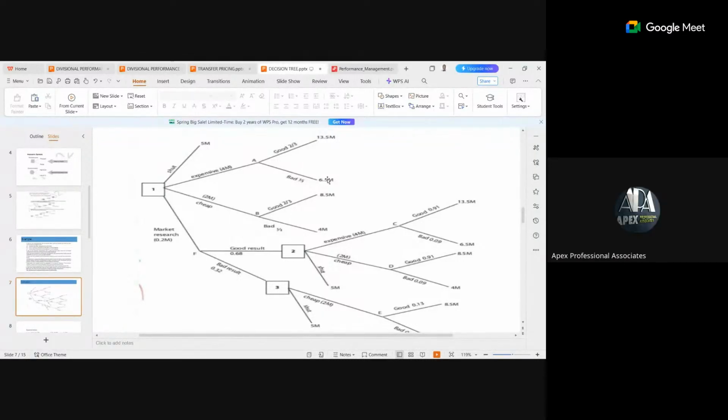When you get your results, you add them to give you the expected value of making this choice, the expected value at point A.